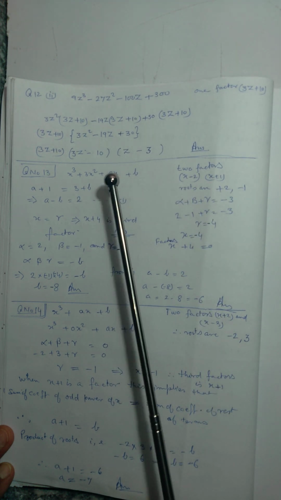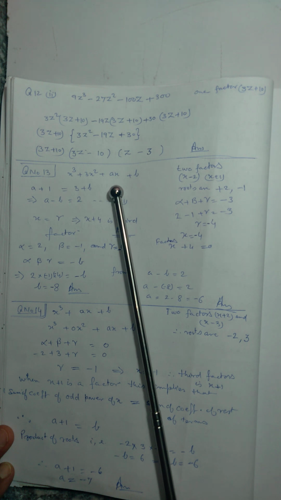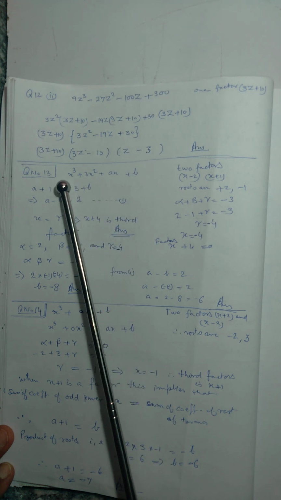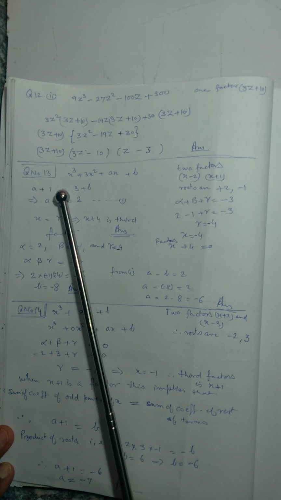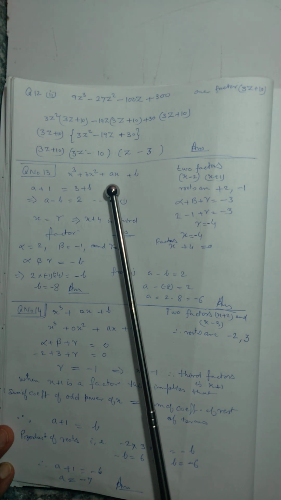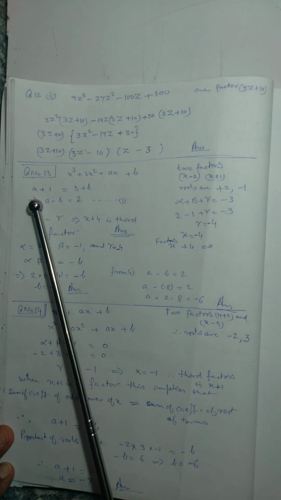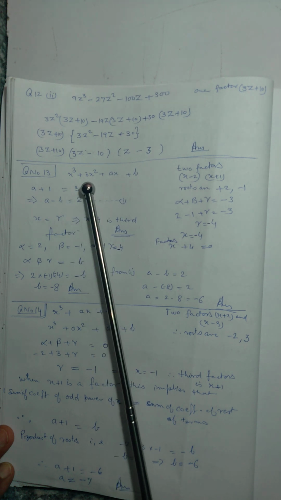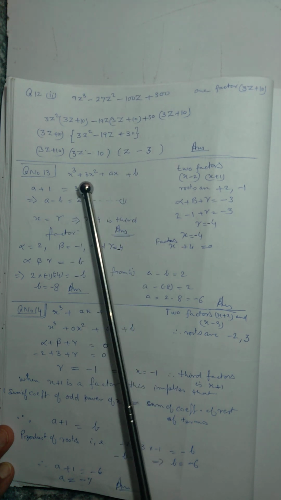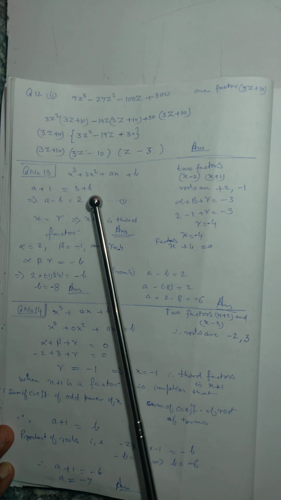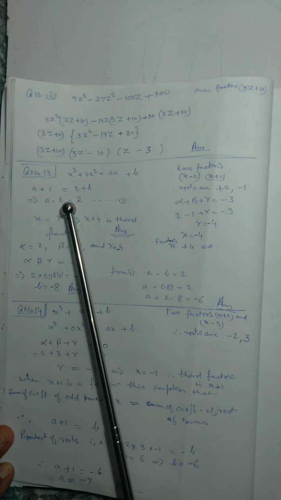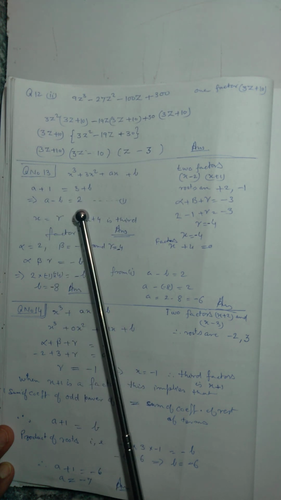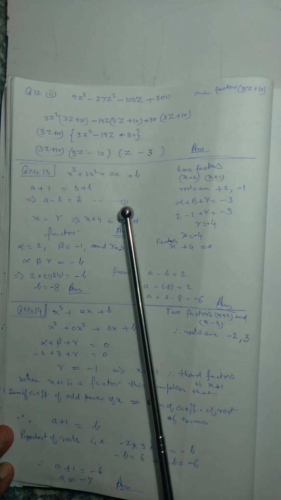So you see, the coefficient of odd power, a plus 1, here the coefficient of x cube is 1 and the coefficient of x is a. I have written here a plus 1 should be equal to the sum of the coefficients of the rest of the terms, means 3 plus b. So a minus b is equal to 2. This will be one equation.